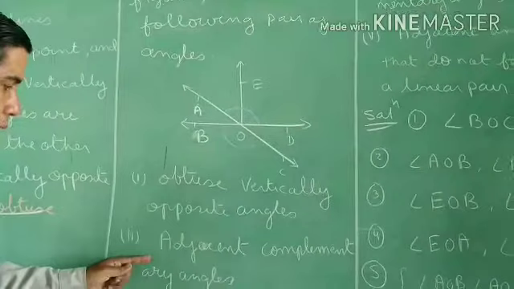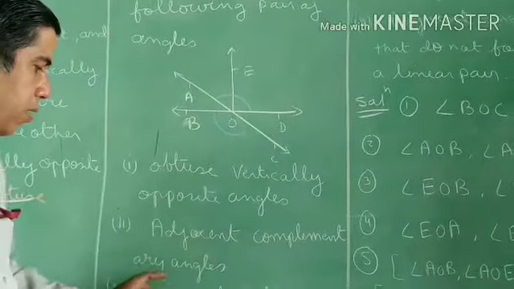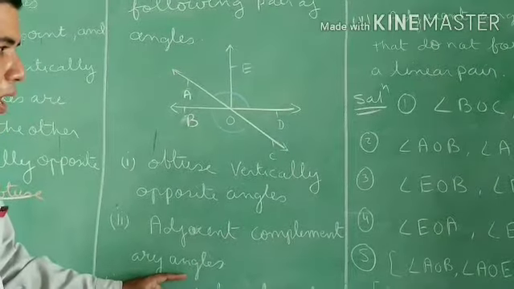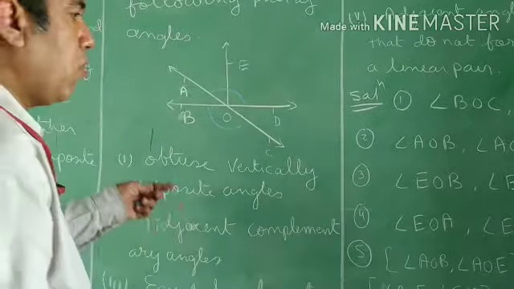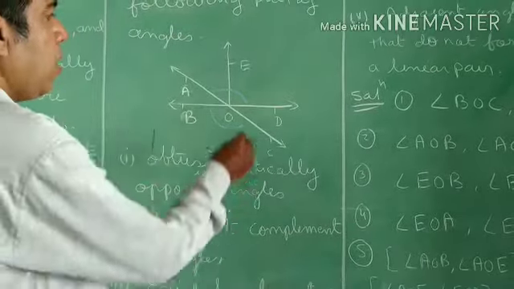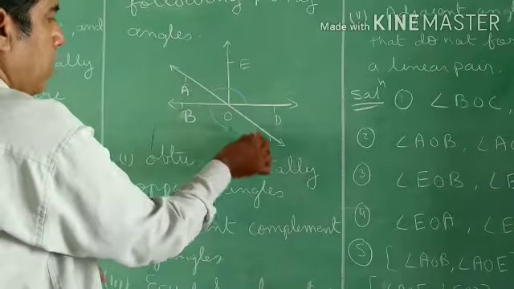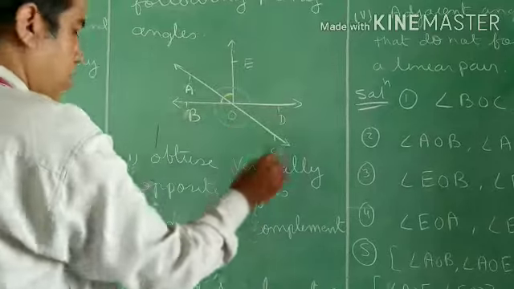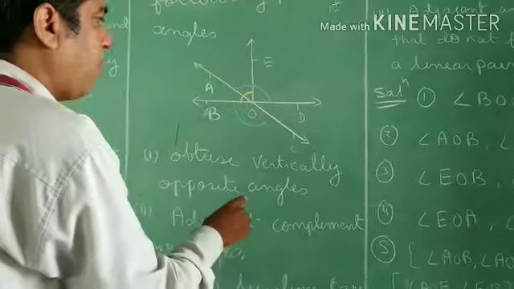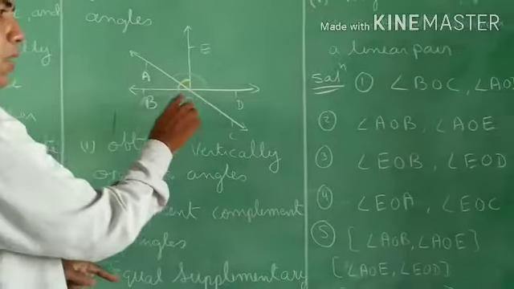Now adjacent complementary angles. Adjacent also and complementary also. So I am marking with the yellow chalk. So EOB. You can see it is adjacent. Adjacent also and complementary means the sum of the two angles should be 90 degrees.